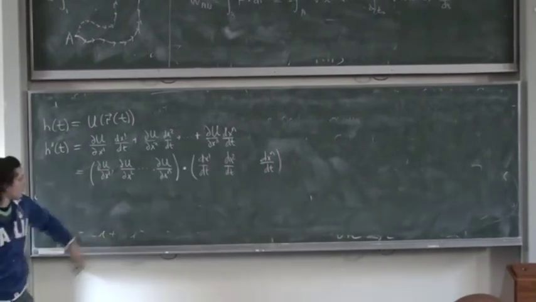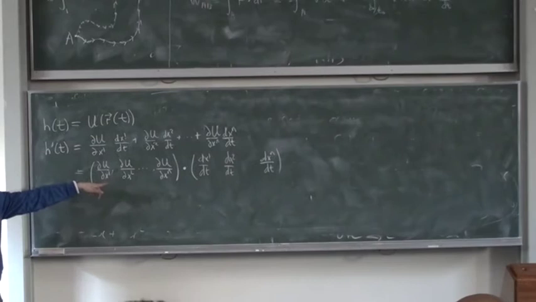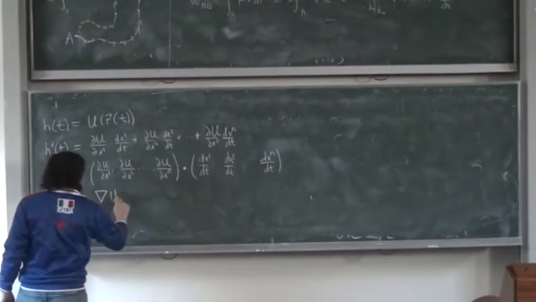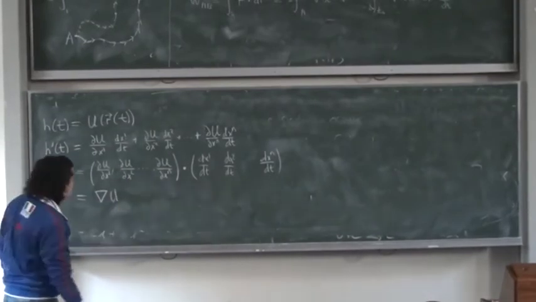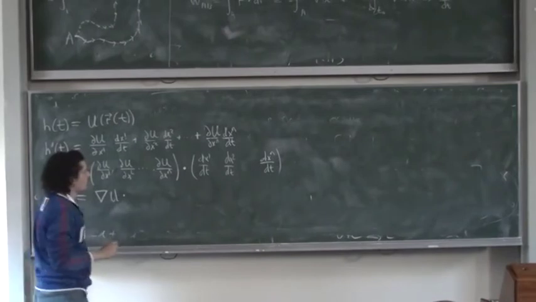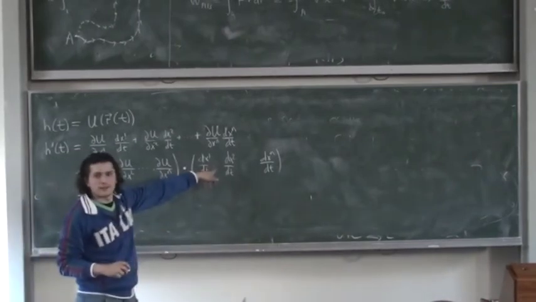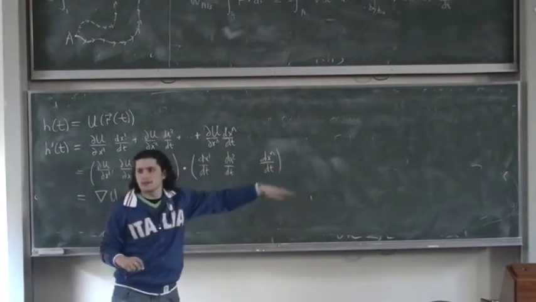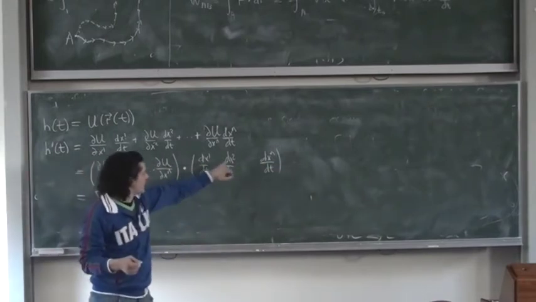Okay, what's this vector commonly known as? Grad u. Grad u dot, what's this vector? dr by dt. This is d by dt of x1, x2 to xn.